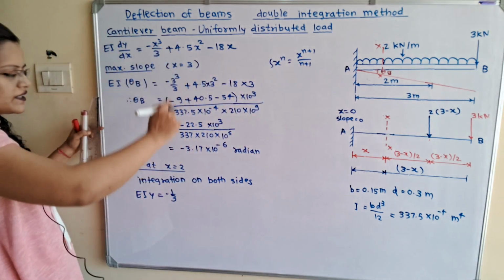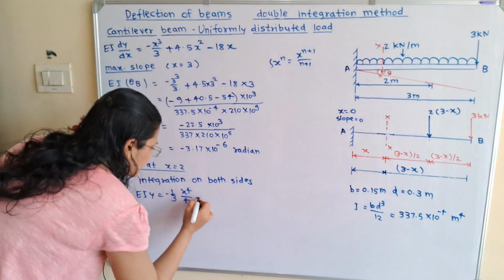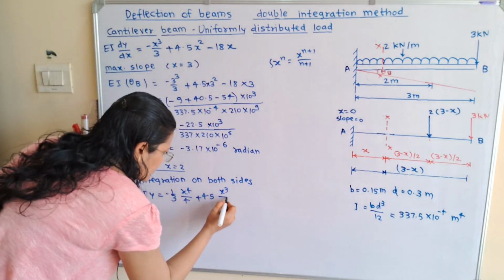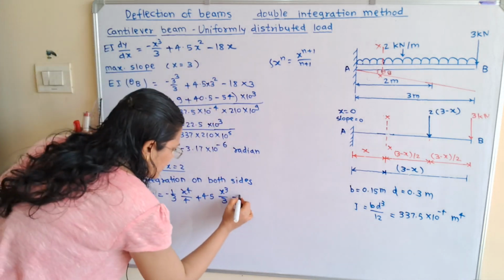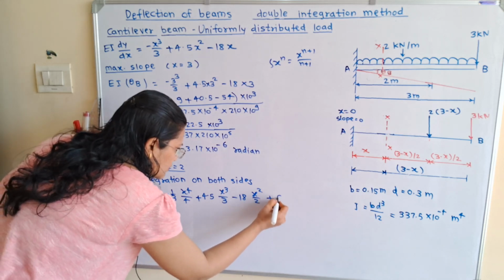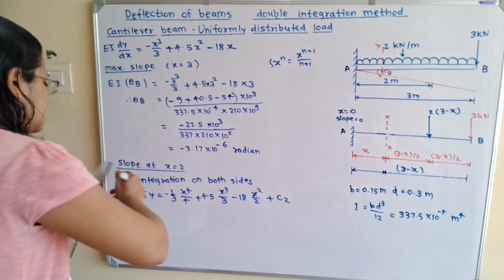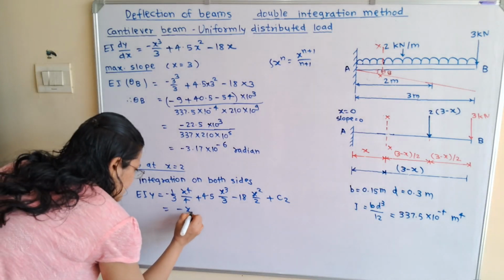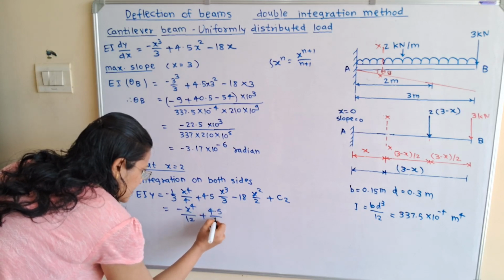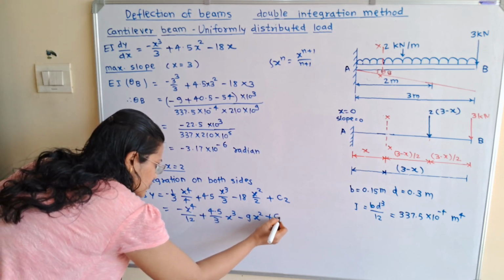So n is equal to 3, that is x raised to 4 divided by 4, plus 4.5 as it is, then x cube by 3, then minus 18 as it is, and instead of x we will write x square by 2, and here the constant of integration we will consider as C2. Now we will simplify this equation, so it will become minus x raised to 4 by 12 plus 4.5 by 3 x cube minus 9x square plus C2.